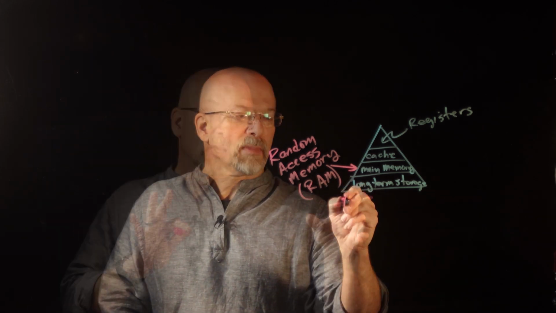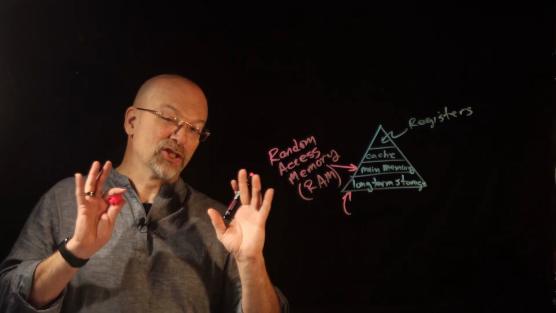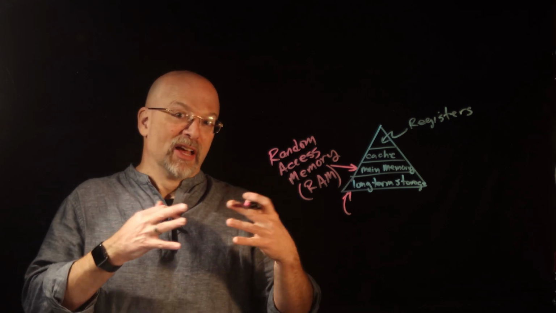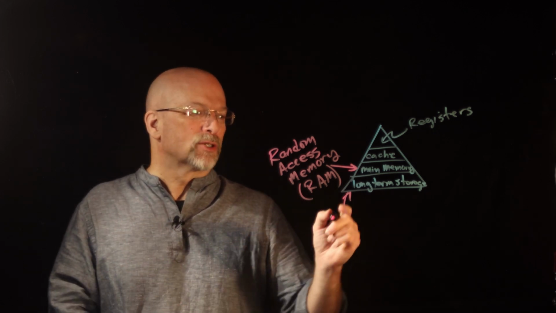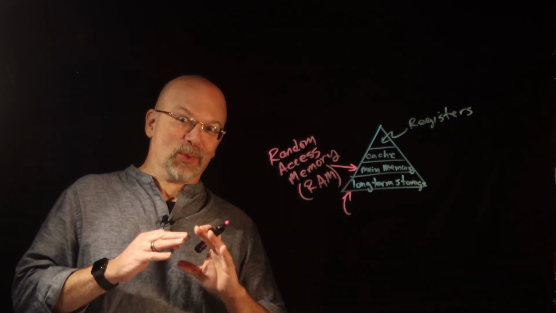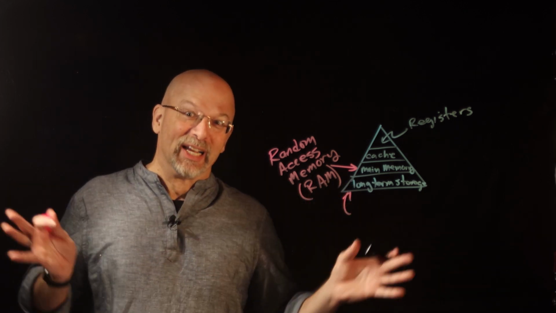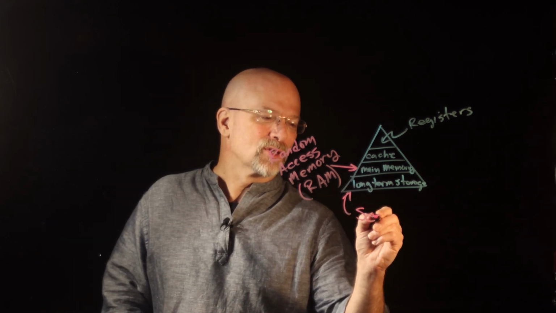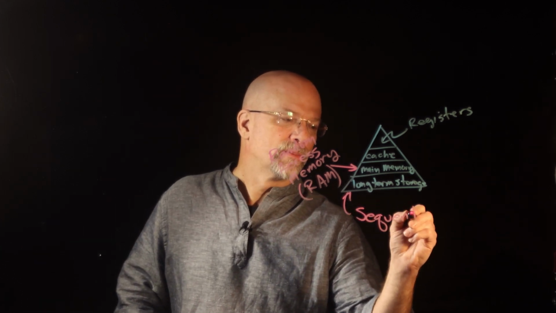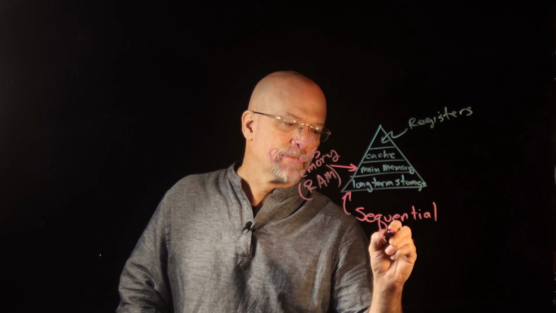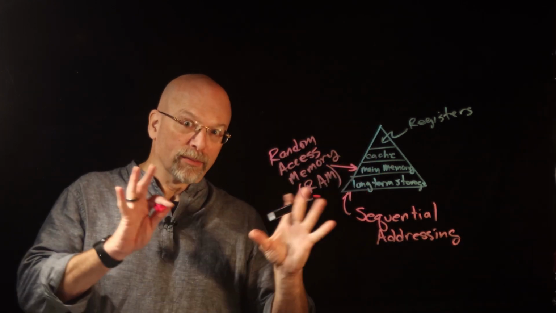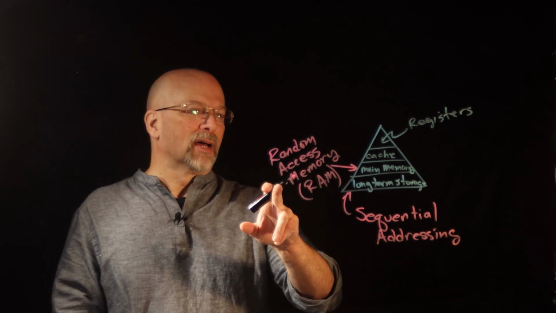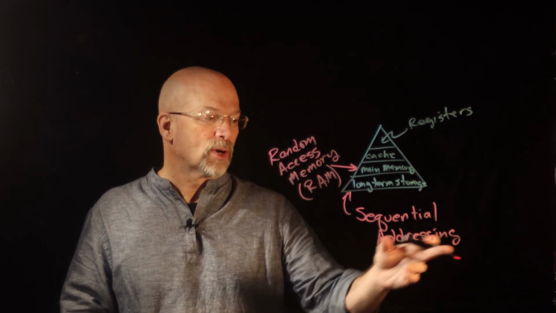Now, for the long-term storage, there are actually 2 methods of accessing an element from there. First of all, let's talk about the really slow one, the one that's really far away. This one's referred to as sequential addressing. So we've got random access memory, that's one way of addressing.